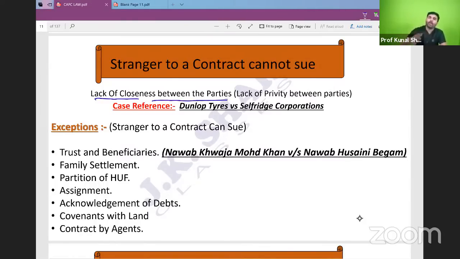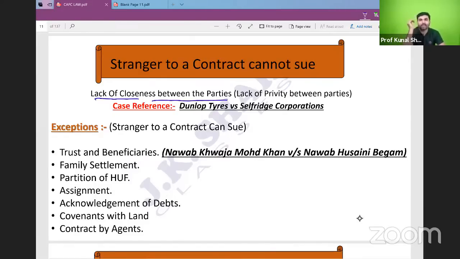Now, friends, whenever we discuss rules, yes, rules have exceptional cases. When I say rule, follow the rule. But when I say exceptional cases, then in that case, overrule the rule.